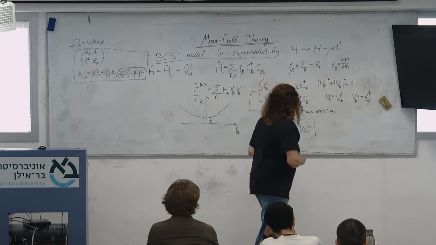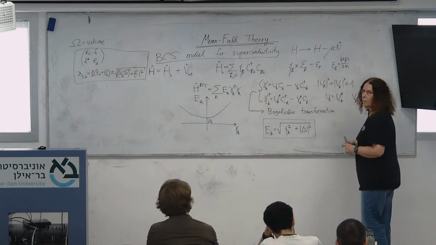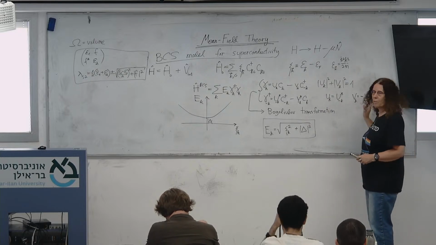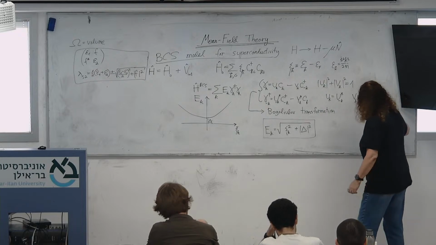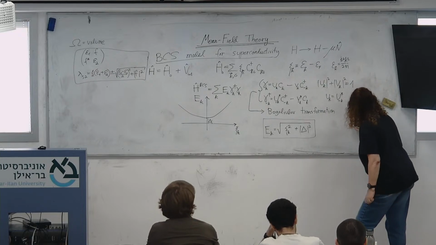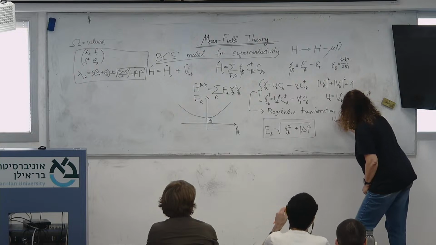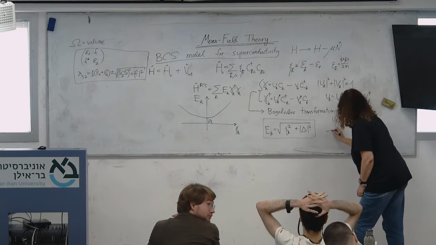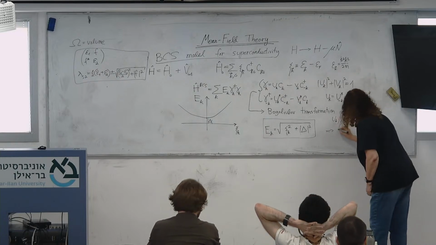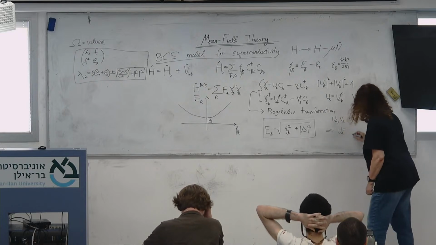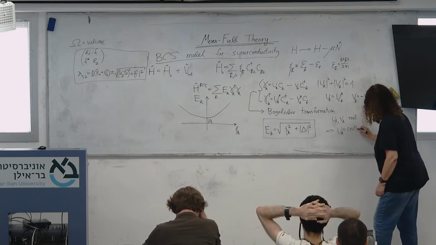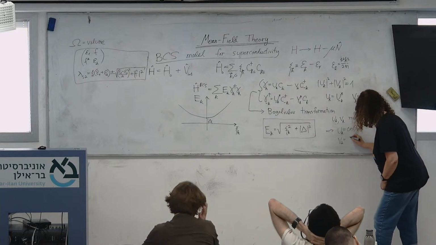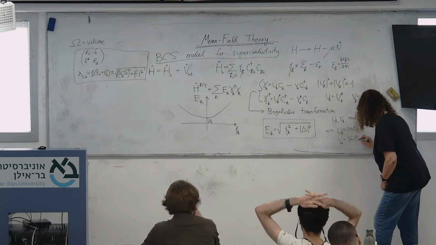So in fact, in the simplest version, of course they can be complex, but in the simplest version, if I choose them to be real, then you can parameterize them as a cosine of some angle, and then Vk is going to be sine of the same angle.